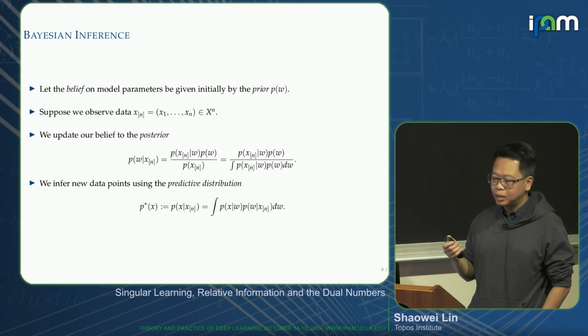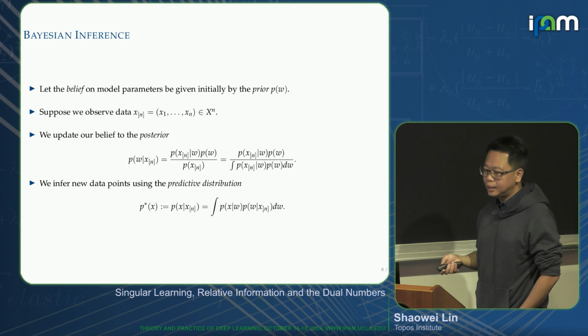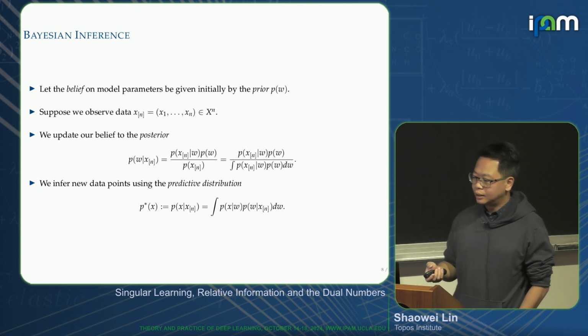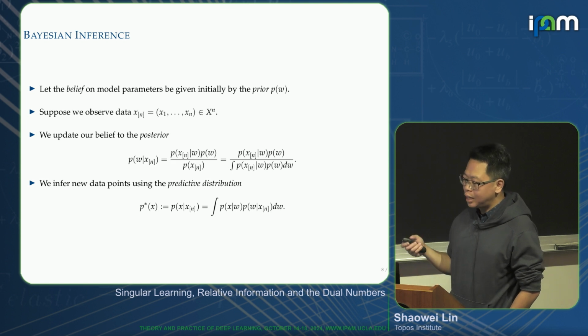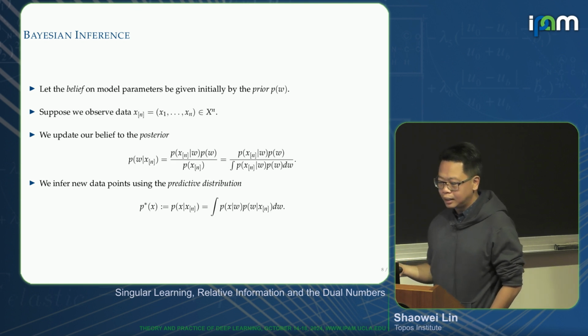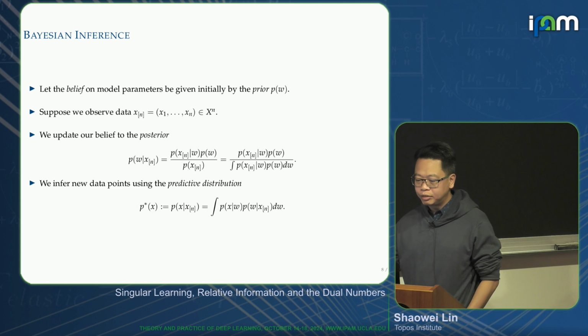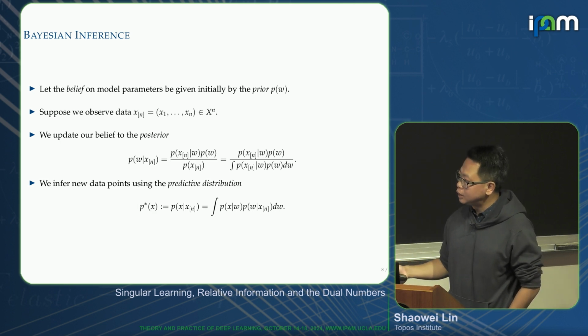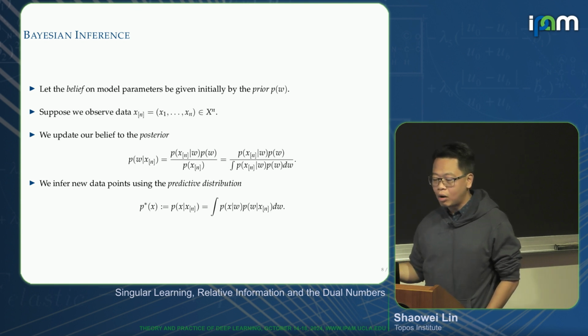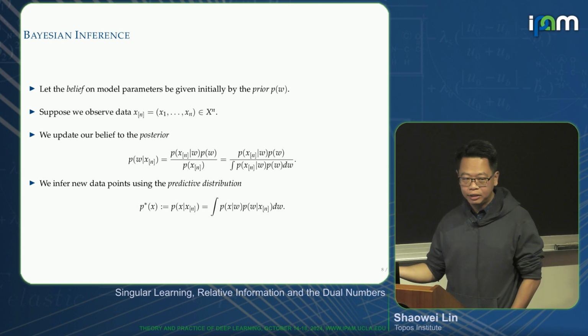So suppose we are working with Bayesian inference. Let's say we have a belief that's given by our prior P on the parameter space, and then we have n sample points. In Bayesian inference, we update our prior belief to a posterior using this rule here. And then we infer the probability on new data points using the predictive distribution.